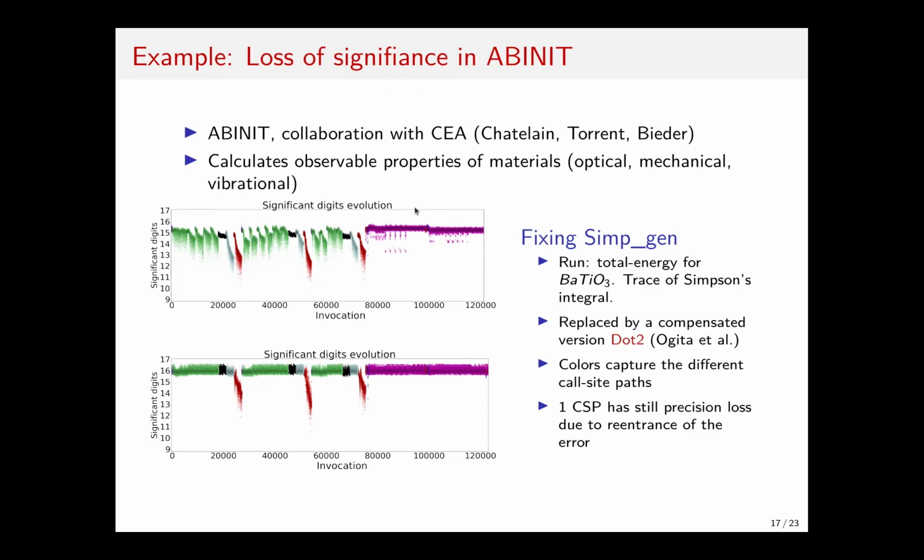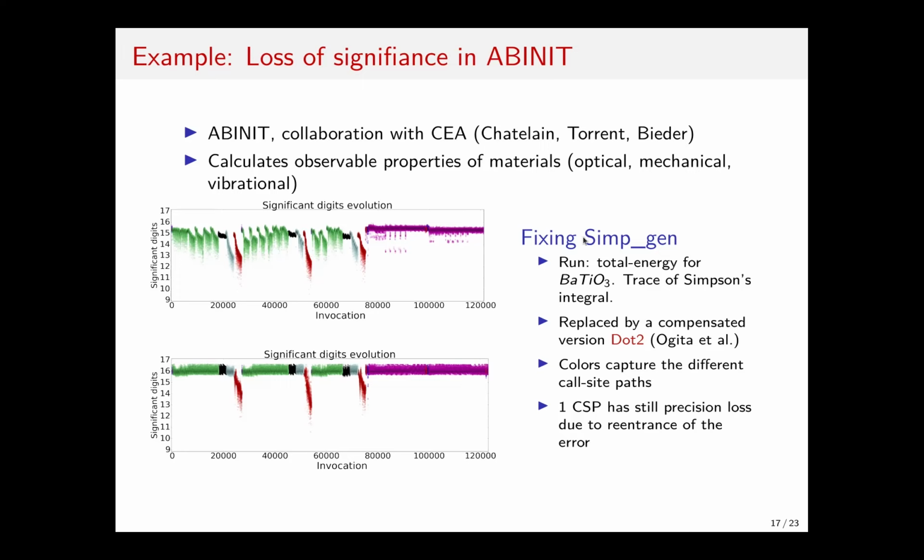At the beginning, we took the code and analyzed the sensitivity of all the routines to numerical noise. And we detected that there was one particular routine which does a Simpson integral, called SimGen, that was very sensitive to rounding noise.